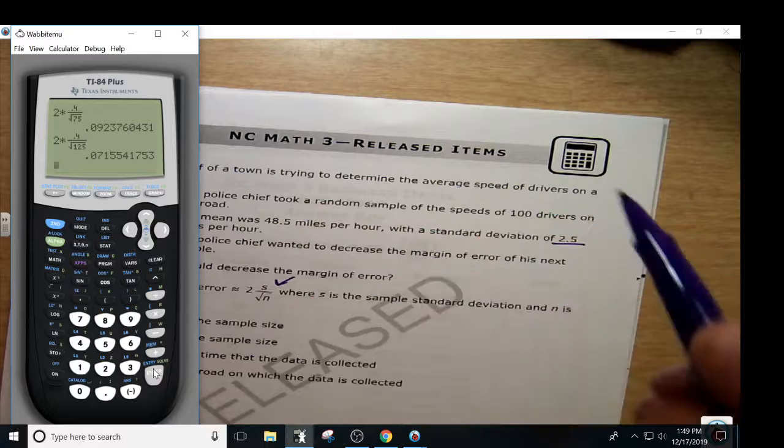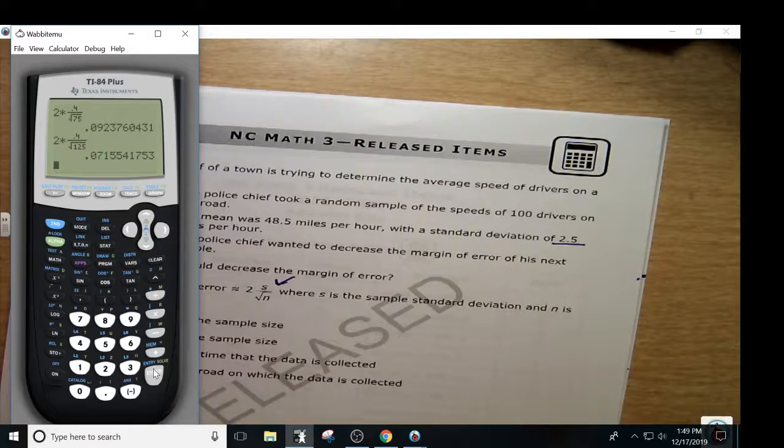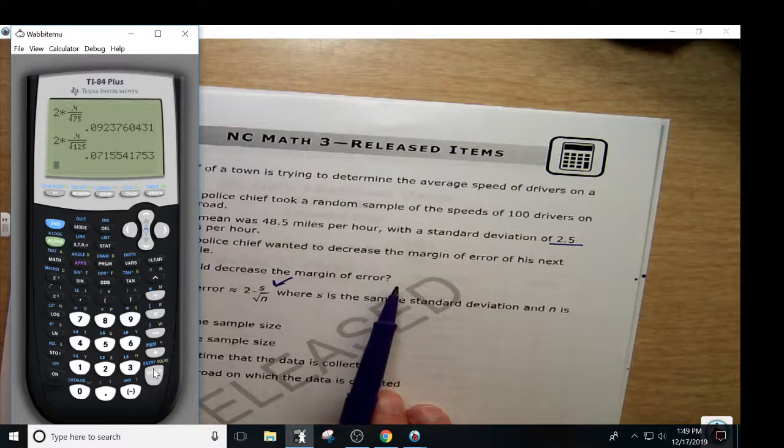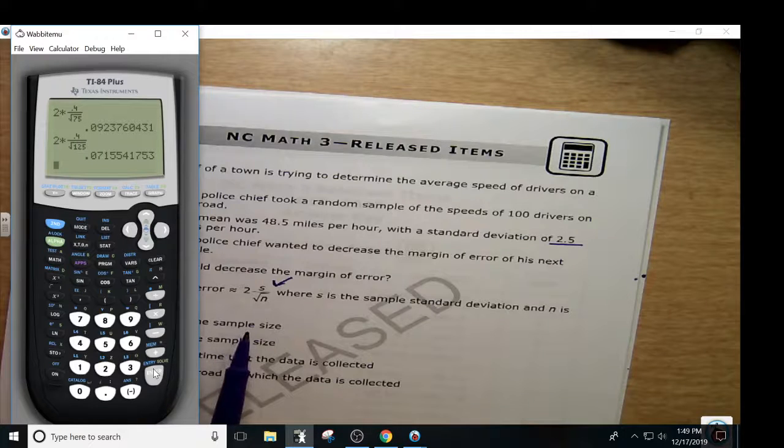Now, guys, if you remember, when we increased the sample size in the last problem, it made the margin of error go down. Now listen to what it says. Which choice would decrease the margin of error? If you decrease the sample size, it's going to make the margin of error go up.